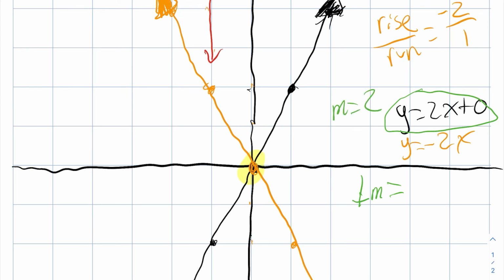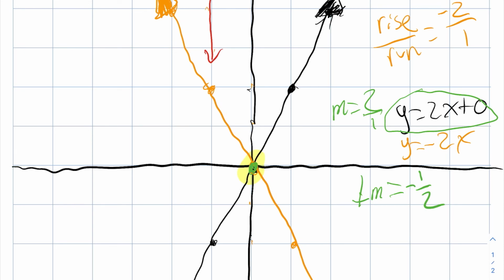So if I look at this one and I see that my m equals 2, my slope is 2, the opposite of 2 is negative 2, and the reciprocal, if I flip it, again, this is 2 over 1, so if I flip it, the opposite reciprocal is going to be negative 1/2.